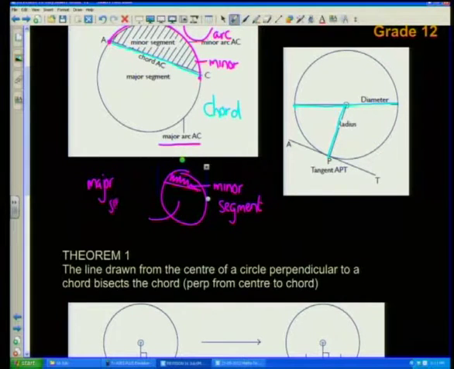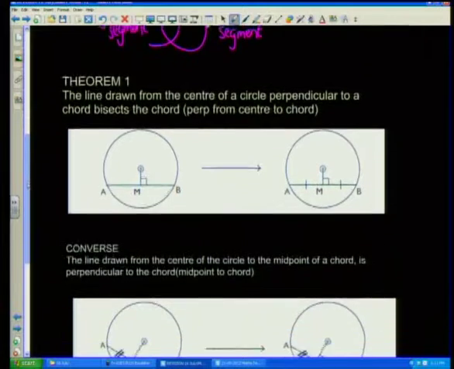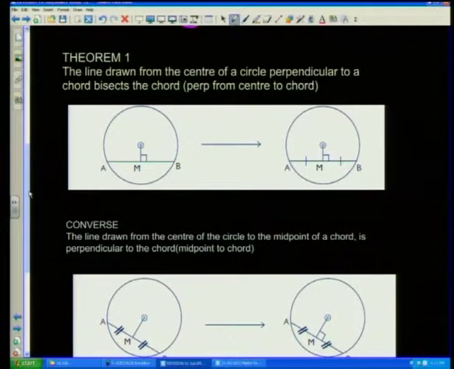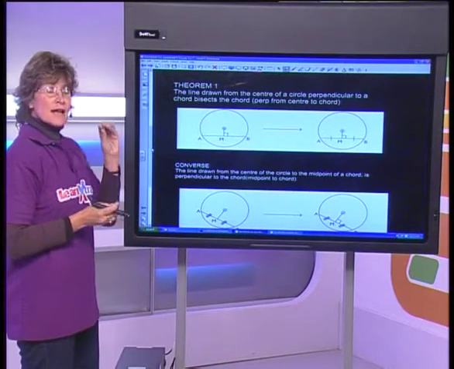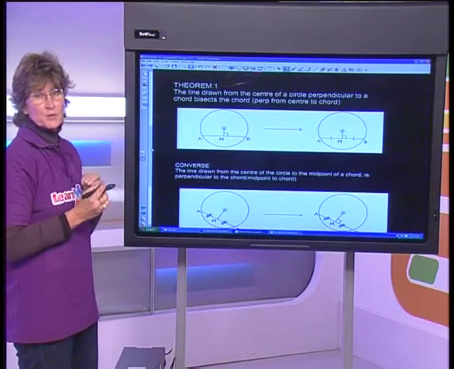And if the chord were actually a diameter, then these two segments would be equivalent. All of that, now we can get into the actual theorems. Now, guys, if you are in the government, paper 3, proof of these theorems is actually to count about 5% of your paper. So it is worth learning the proofs.